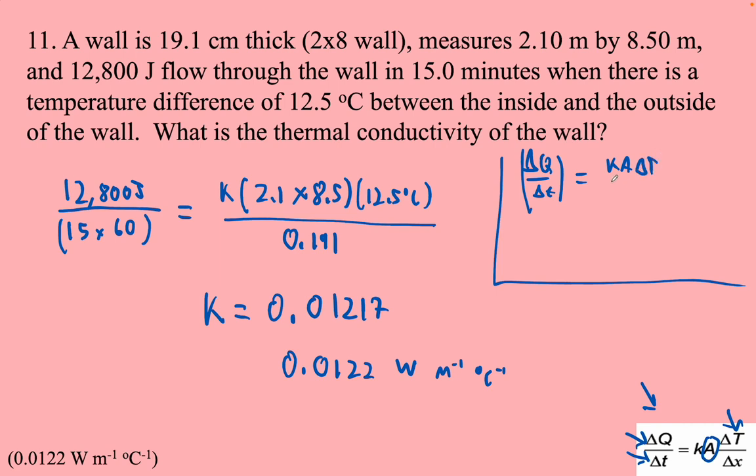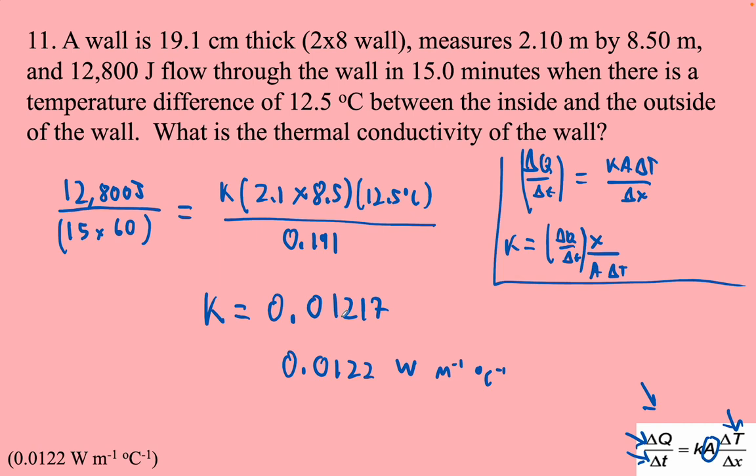So if you solve that for k, k is going to be the heat flow rate times x, divided by the area, divided by the change in temperature, right? I mean, that's what we did to solve this, right?